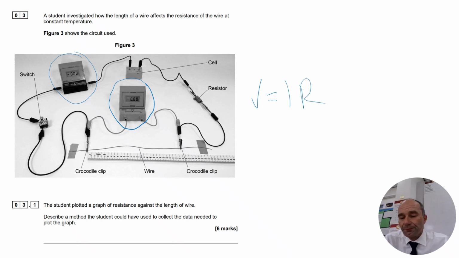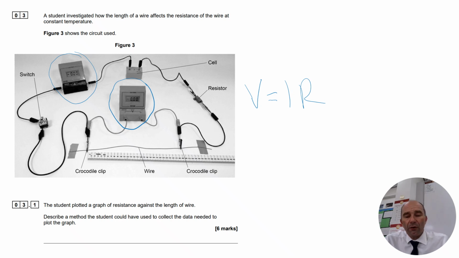And from there, the other standard things with required practicals when you have to write a method, talk about taking repeat readings at the different lengths, so that you can calculate a mean, discount any anomalies. Now, one of the things it's worth adding in here, and it doesn't ask about the safety side of things, but we do need to control the temperature.